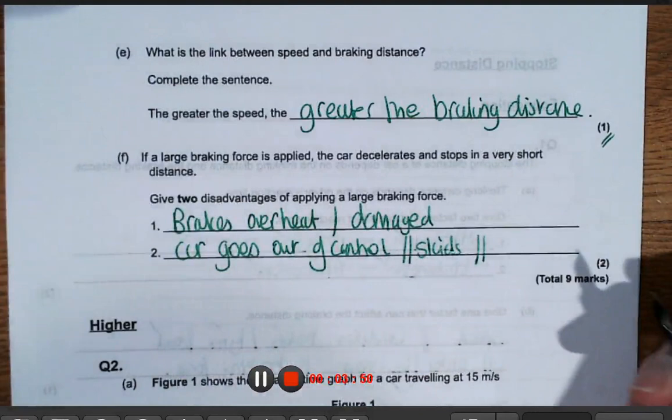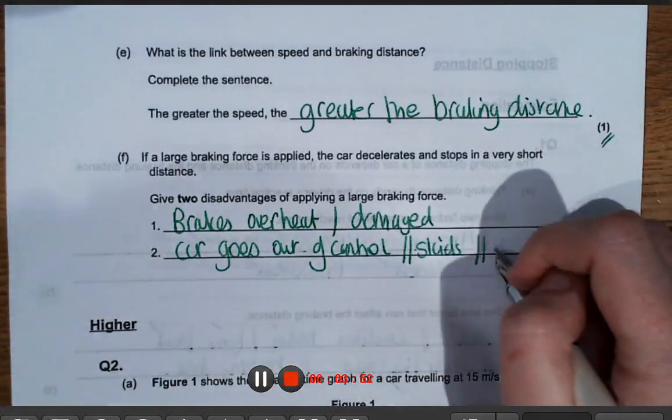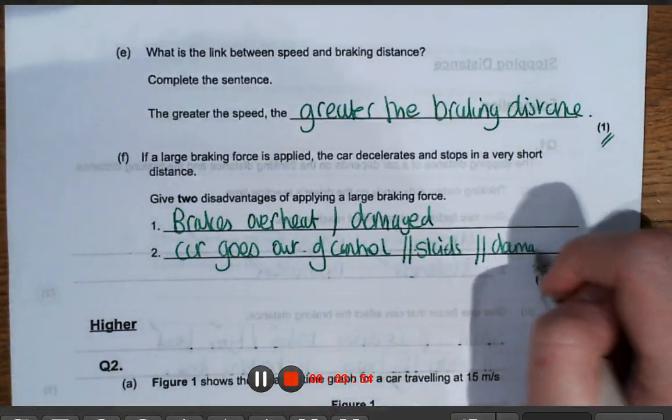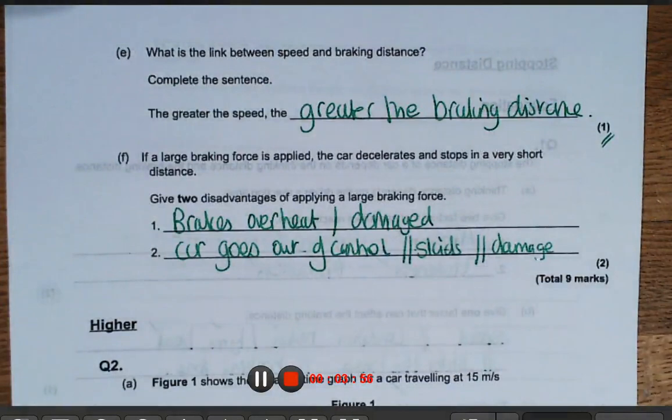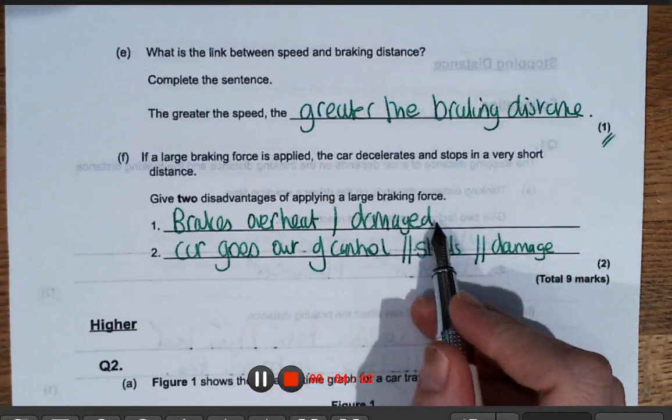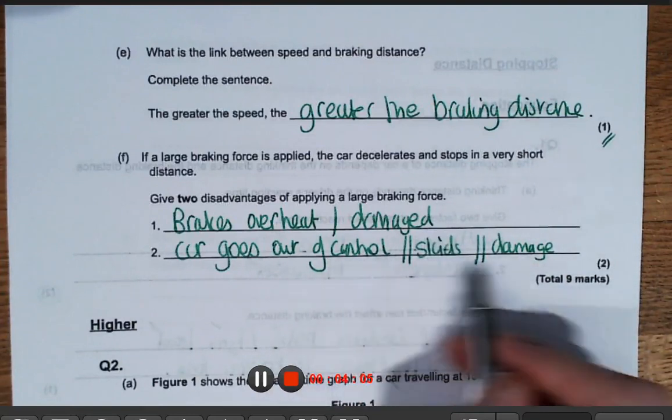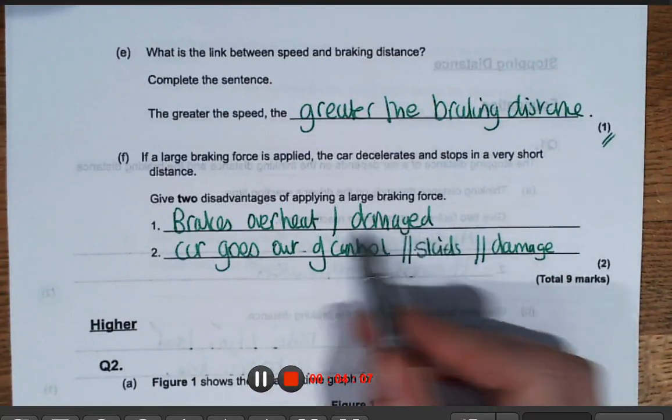Or you can have refer to some sort of damage either to the car or the occupants. Like braking too hard could give you whiplash, for instance. Okay, 2 marks. Okay, this one and this one. So any of these 3 for this mark and any of these 2 for those.